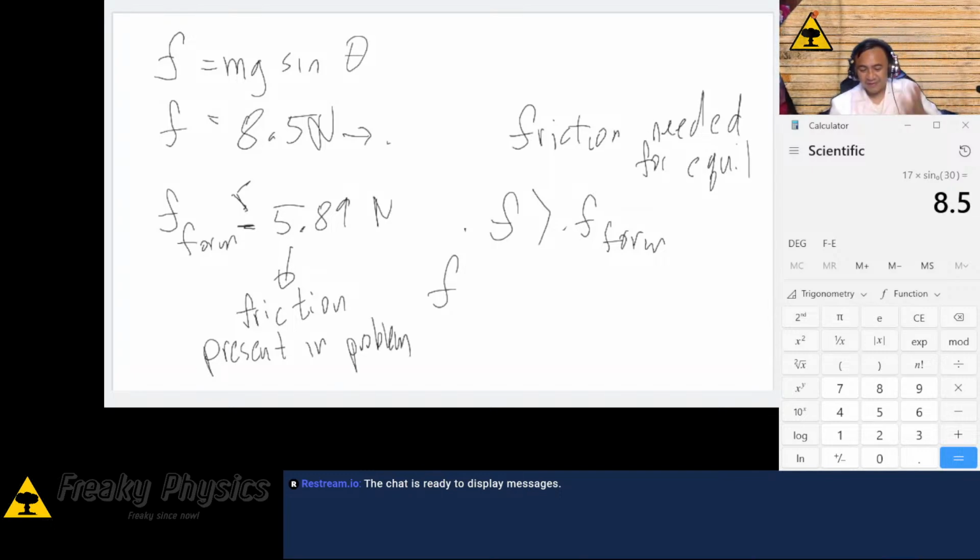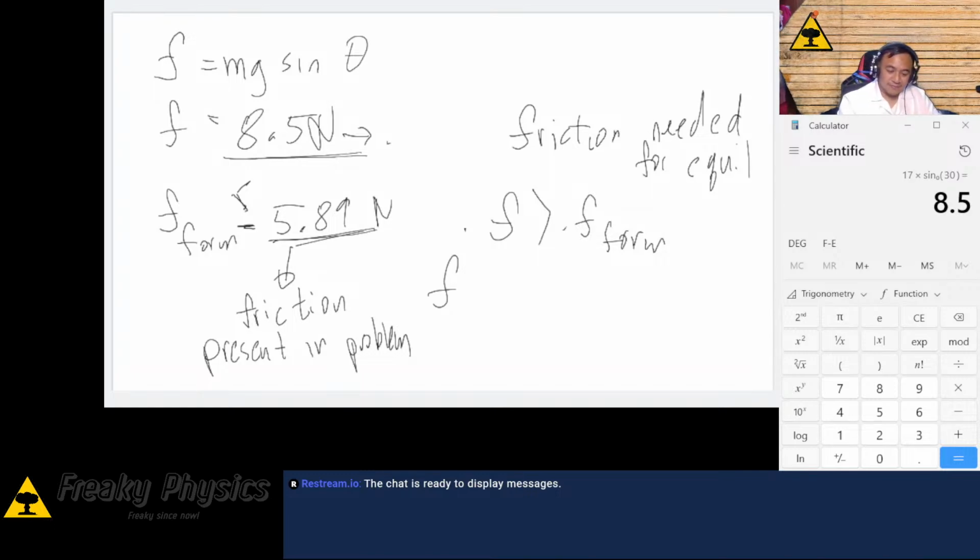So you see now, is the friction given, the friction in the problem, does it get to the level that is needed to keep it in equilibrium? Again, we need 8.5 to keep it in equilibrium, but the problem can only give you 5.89. So does that mean it keeps moving? Yes.